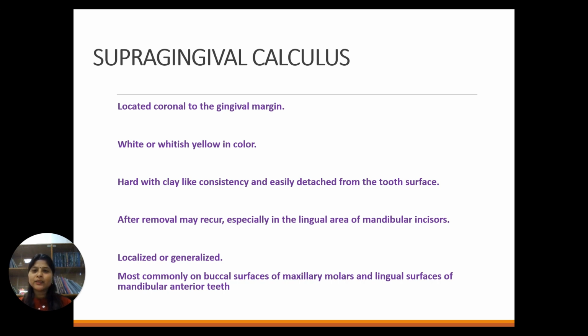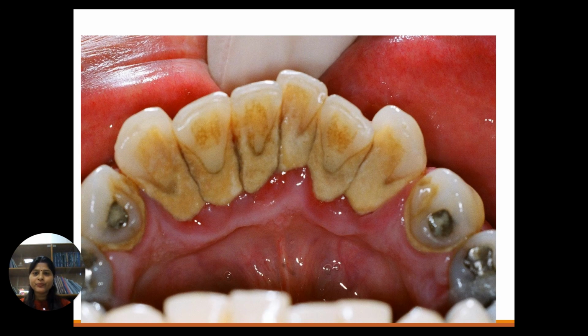After removal, it may recur and it is mainly found on the lingual surfaces of the mandibular anterior teeth as well as on the buccal surface of maxillary molars, because the ducts of the glands open near the lingual surface of mandibular anteriors, and the parotid duct opens near the buccal surface of maxillary molars, where the saliva is more accumulated and more calcium and phosphate is available, which results in supragingival calculus. It can be localized as well as generalized. This is a picture which shows supragingival dental calculus, that is, above the gingival margin.